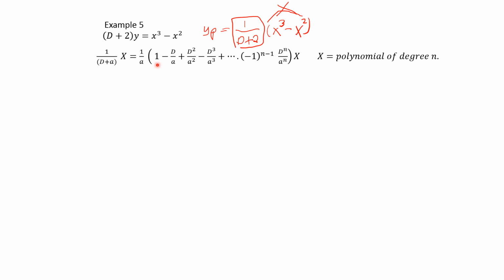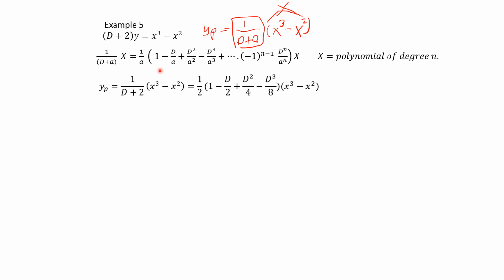Look at the pattern. This is 1 and then 1 over a, and this is 1, then a squared, a cubed, and so on, where the signs alternate. If this is D − a, then these will all be positive. Our X is a polynomial of degree n, and it's just x³ − x².